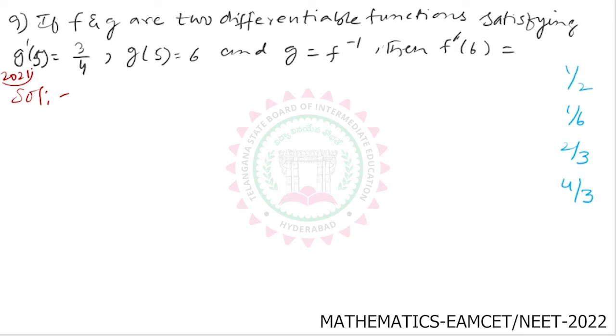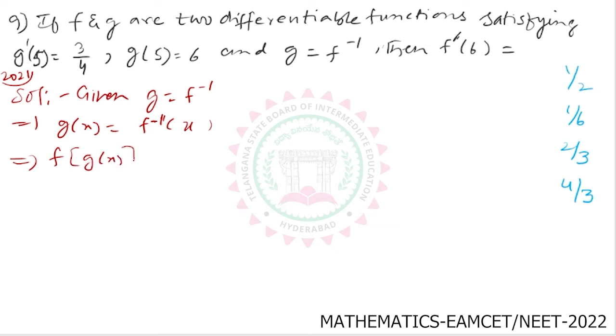Okay. Now, as he has given g is equal to f inverse, we can write g of x equal to f inverse. Okay, is it true? Right. Or if I transfer f to this side, f of g of x is equal to x. Right?